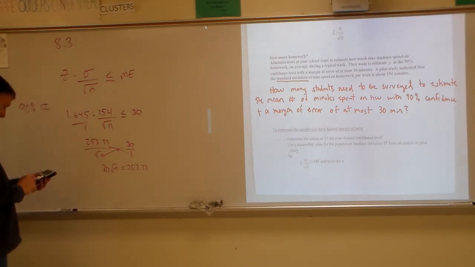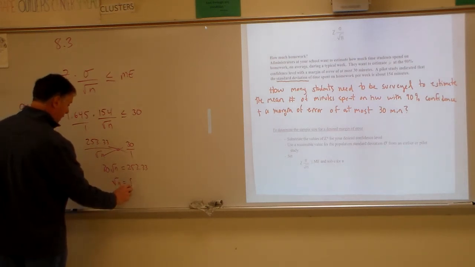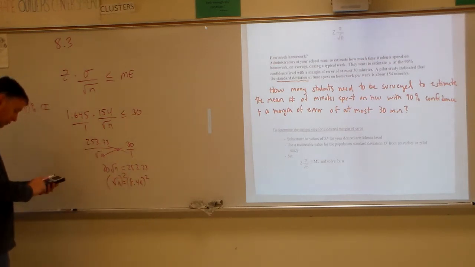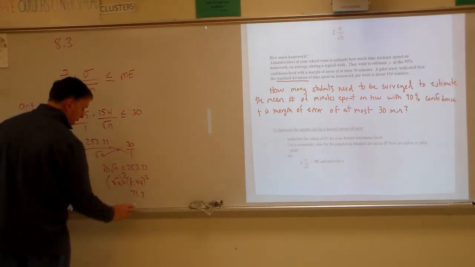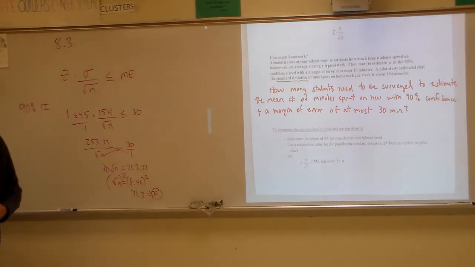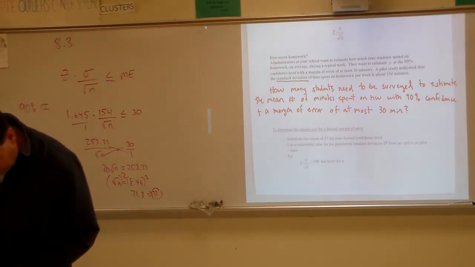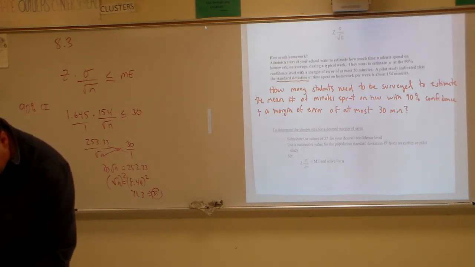So I take 253.33 and I divide by 30, and it gives me root n equals 8.44. I've got to square both of those, and I get 71.3. So I would probably make that a 72. So how many do I have to do? 72. That survey has to have at least 72 students.